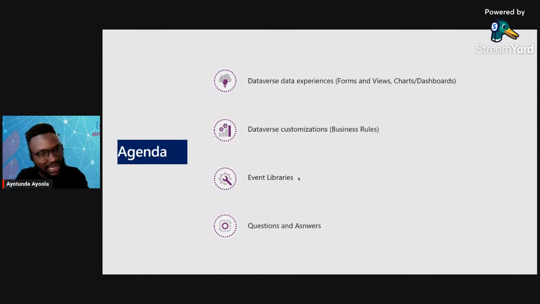Now, these logics and validations can be done with JavaScript, right? JavaScript can do those kinds of things. However, there are out of the box, quick logics and quick validations that you can do with Dataverse, so that you do not have to go the route of JavaScript. You do not have to know how to code JavaScript to do that.